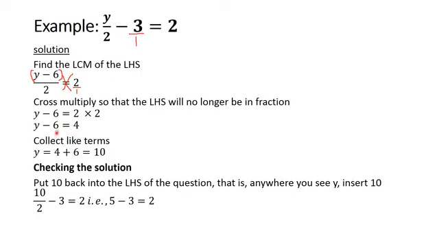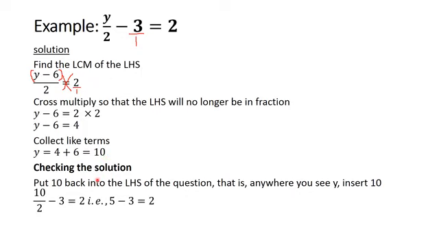So if I make subject of formula, this 6 crosses over to this side, it becomes plus 6. Whenever a minus 6 crosses over an equality sign, the sign or the operator changes. So it was formerly minus 6, it crosses over to this side, becomes plus 6. If you add both, you have 10.